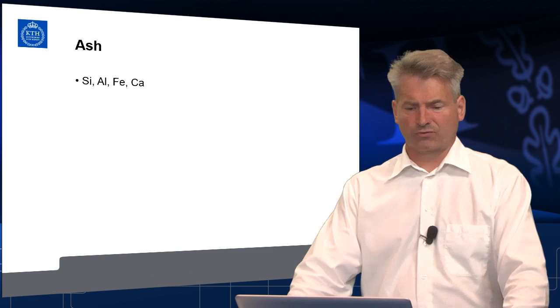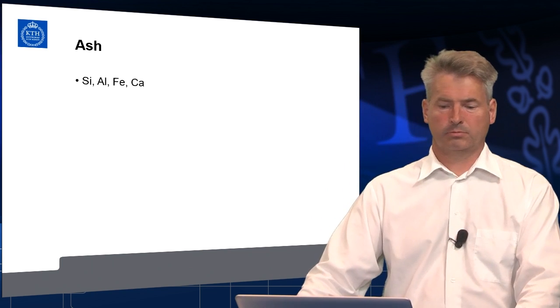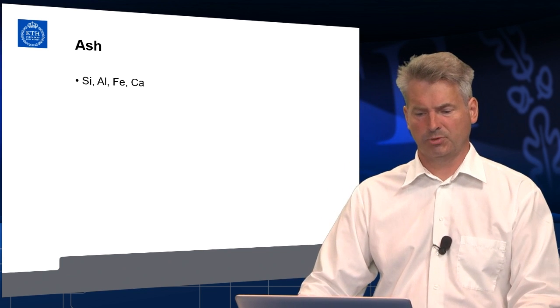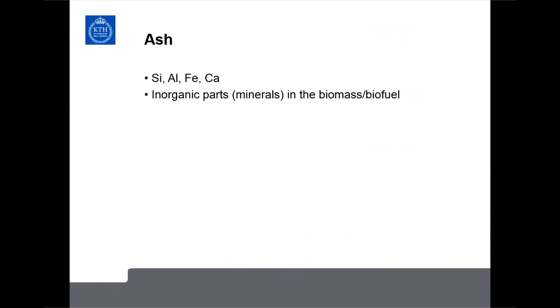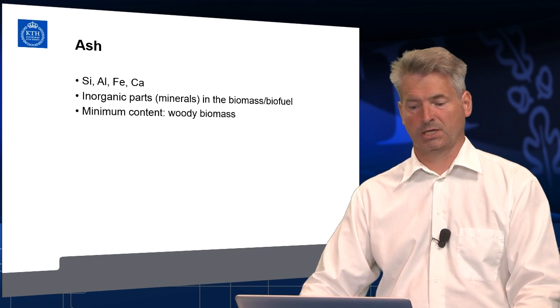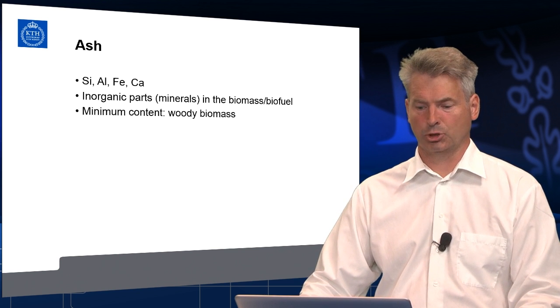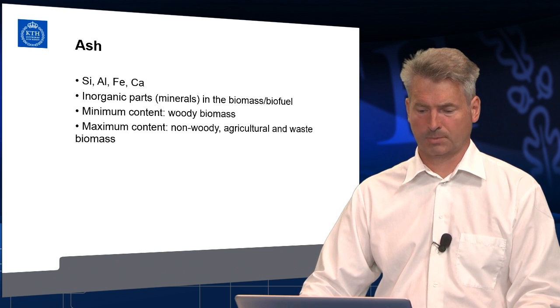The different compounds of ash are silicon, aluminium, iron, and calcium. Those are the inorganic parts, minerals in the biomass, biofuel. And we have the minimum content of that in woody biomass, as I mentioned in the earlier part of this lecture.